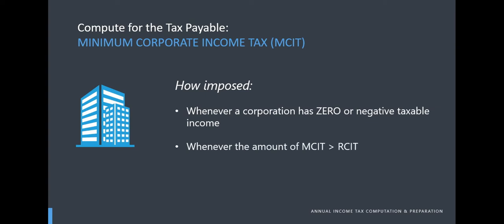Second is whenever the amount of the minimum corporate income tax is greater than the regular corporate income tax. So these are the two conditions for a minimum corporate income tax to be payable.